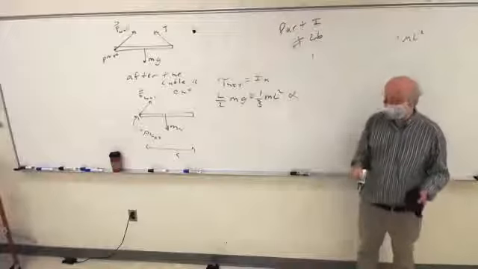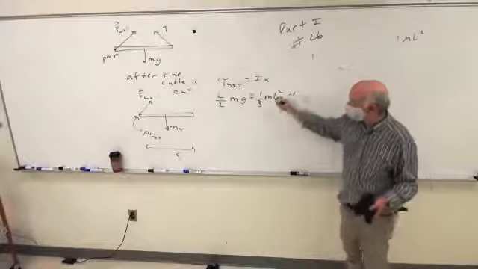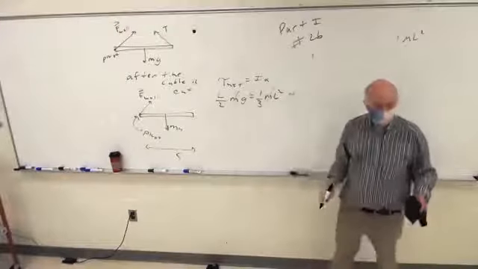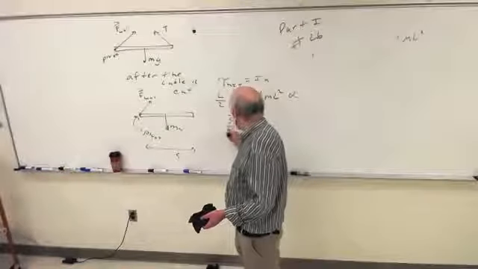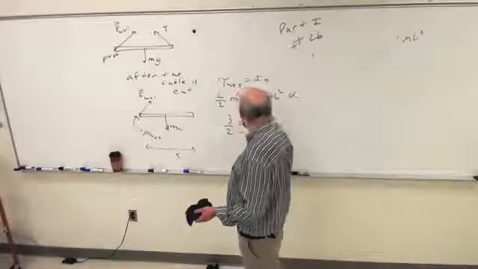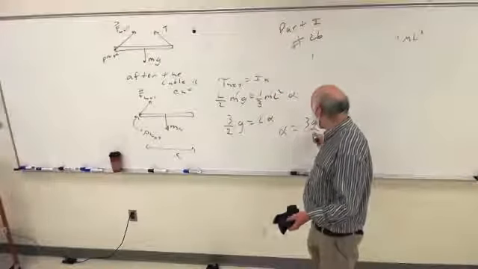What happens? Masses go out. One of the L's goes out. Now take over the 3, so this gives me 3/2 g equals L alpha. So my alpha is 3g over 2L.